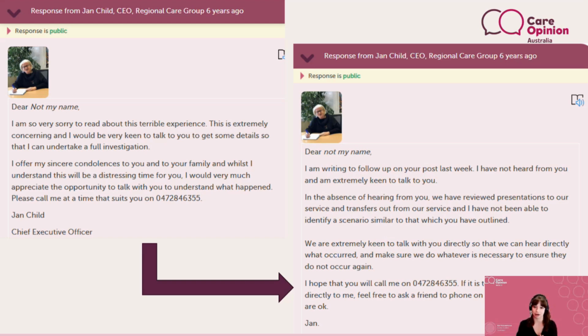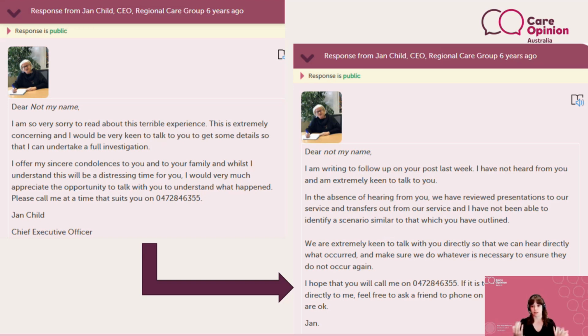That's why I think it's quite great on two fronts, and quite relevant to identity and anonymity on Care Opinion, because it does lift a little bit of that behind the scenes curtain. It says, actually we don't know who you are, you're going to have to contact us. But it also defends the hospital a little bit, and even subtly suggests that perhaps there's more to this story, or at the very least, they can't identify anything in their system.